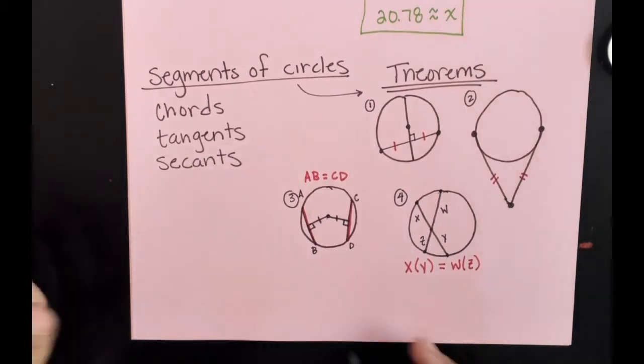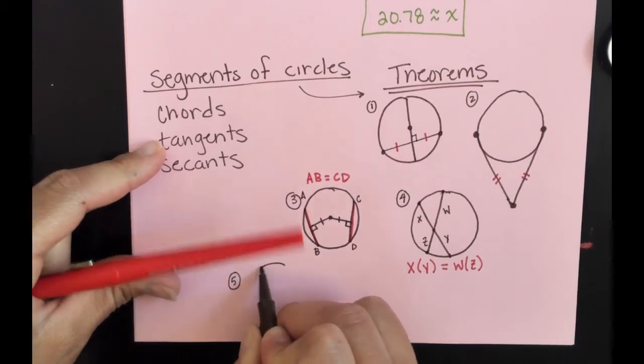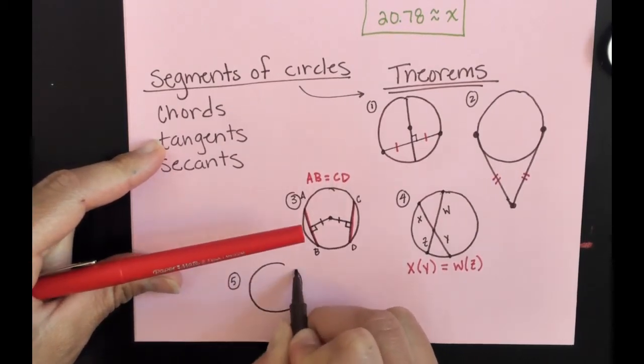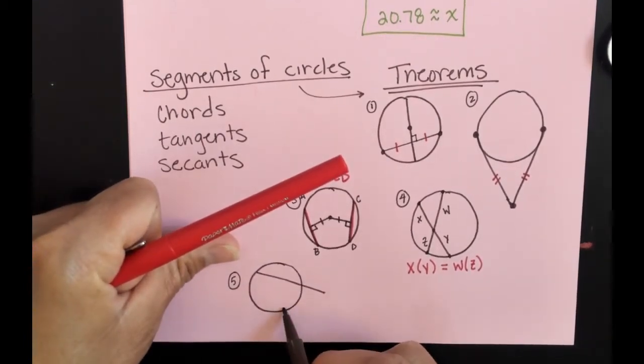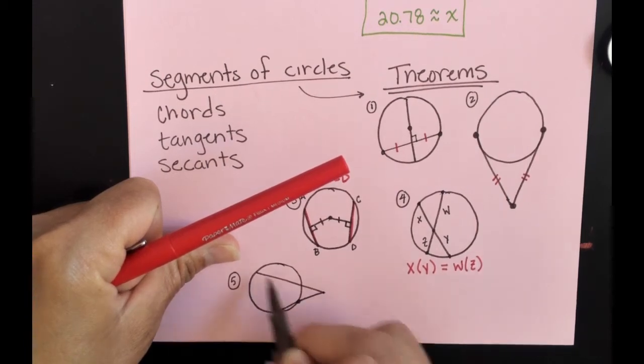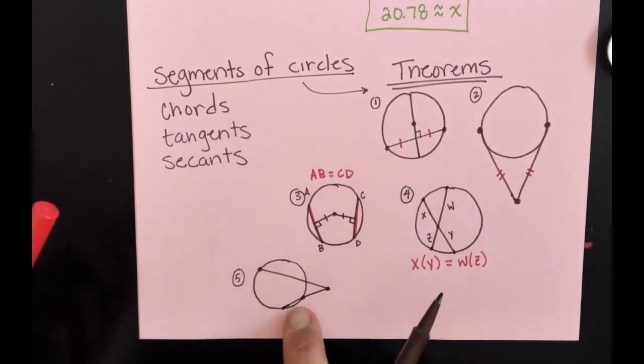And then the last two we talked about were what happened if we have two secants that intersect. Even this guy who barely crosses. You can see the little gap there.